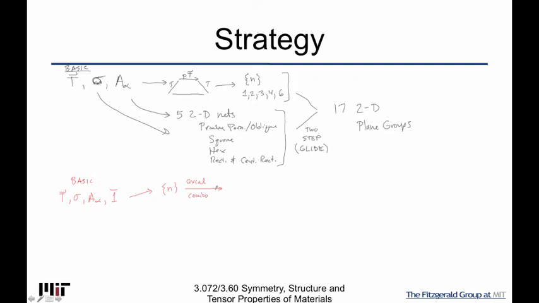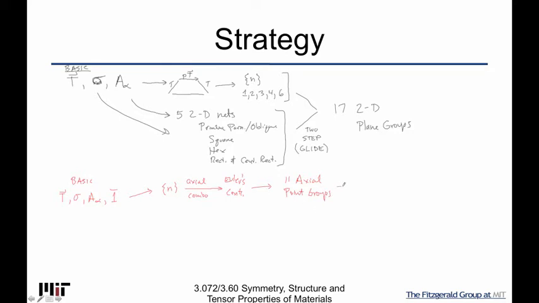So the way we're going to do that is there's an Euler's construction that's going to be useful. And so we'll use that to get 11 axial point groups in 3D.